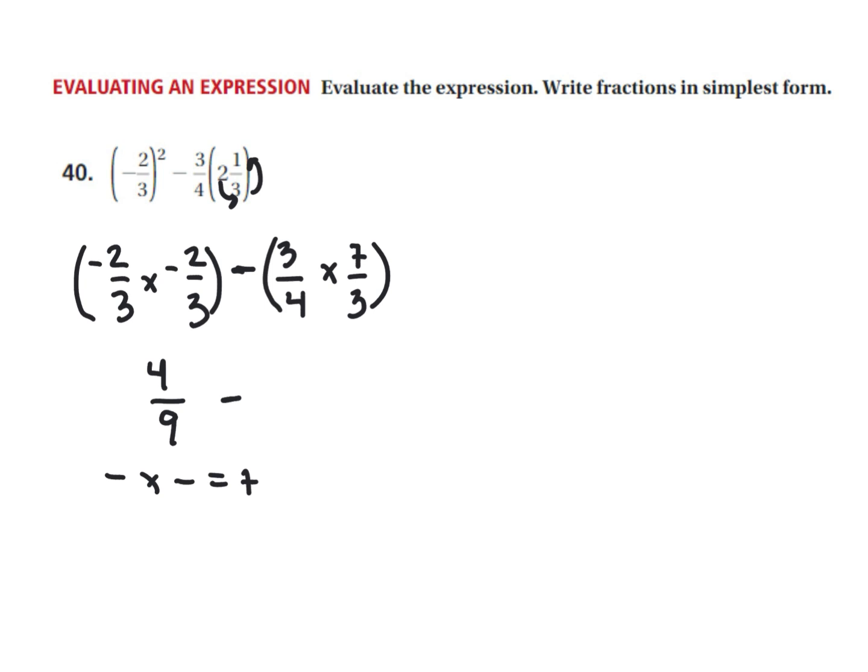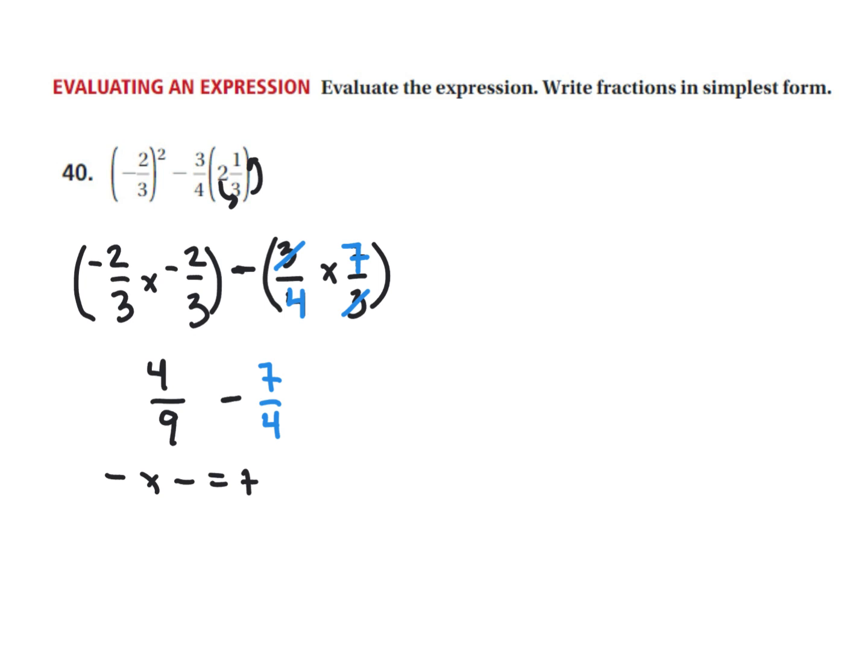Now on the right side, we have a couple options. We could just multiply, or we could see that we have a 3 on top and bottom, and that would allow us to cancel the 3 and the 3, and we're just left with 7/4. 7 on top, 4 on the bottom. Now you may look at this next problem, and you may say that we can just cancel again the 4 and the 4.